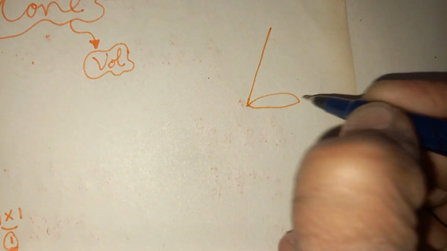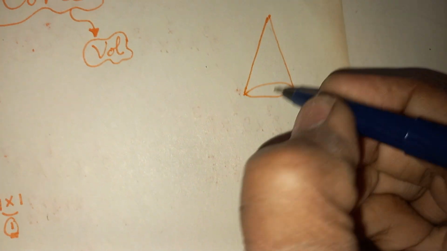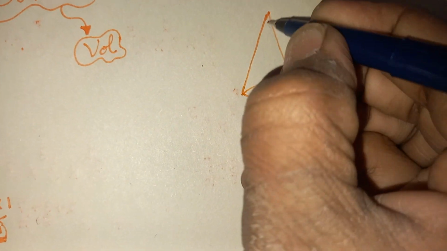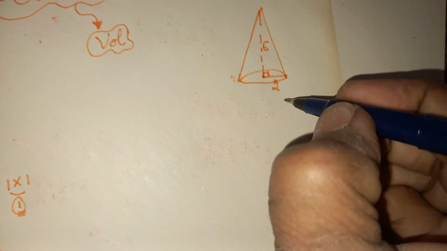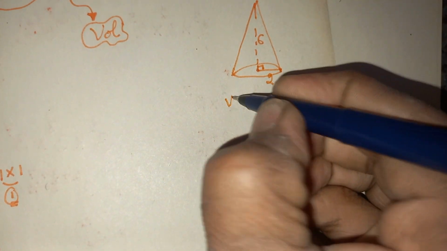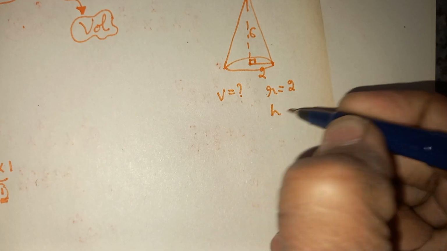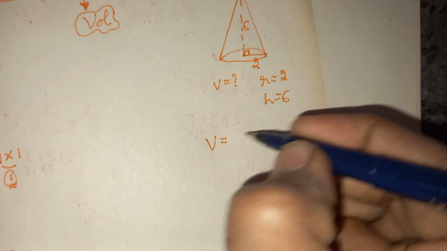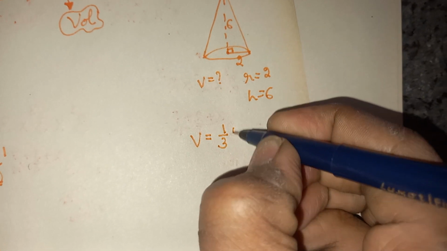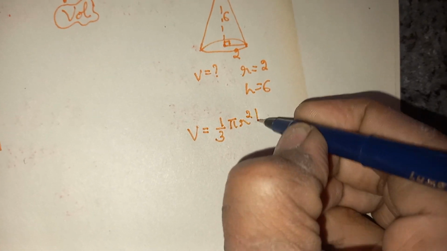Let's take another cone. In this cone they have given the radius as 2 units and the perpendicular height of the cone as 6 units. Here also you need to find out the volume of the cone. Volume of the cone is 1 by 3 times pi r square h.